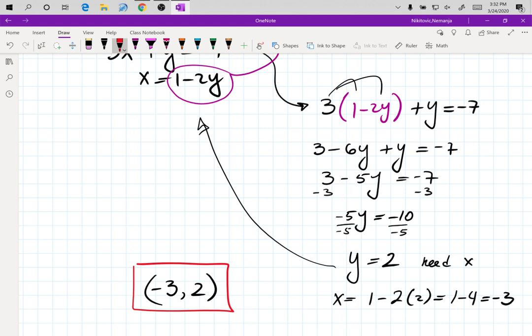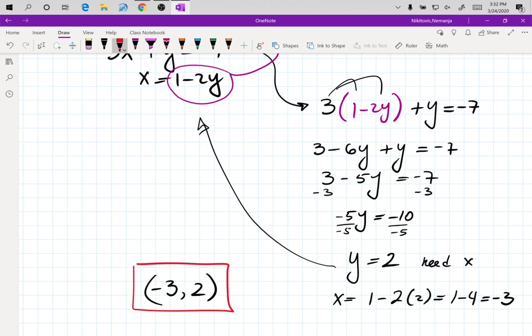I understand we calculated x second, but that's okay. We don't care. We care that the ordered pair has to be represented as x first and then y second. Therefore, negative 3 is first and y is second.